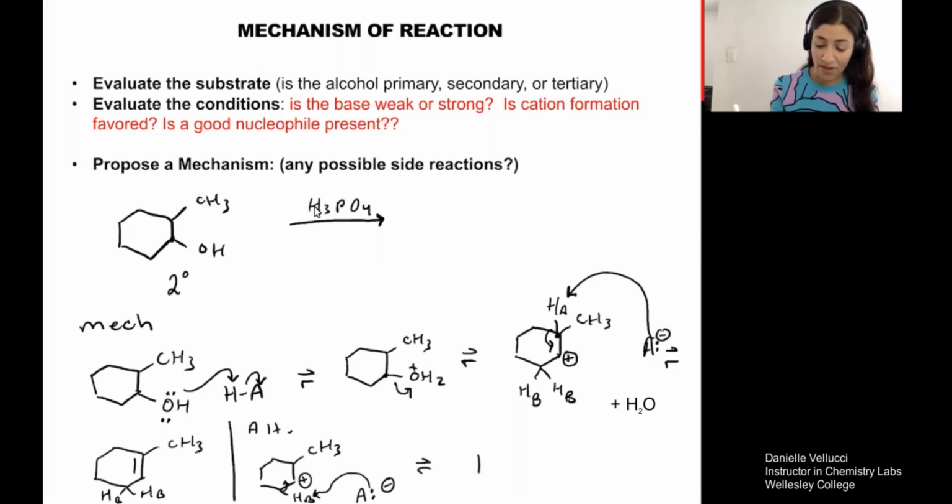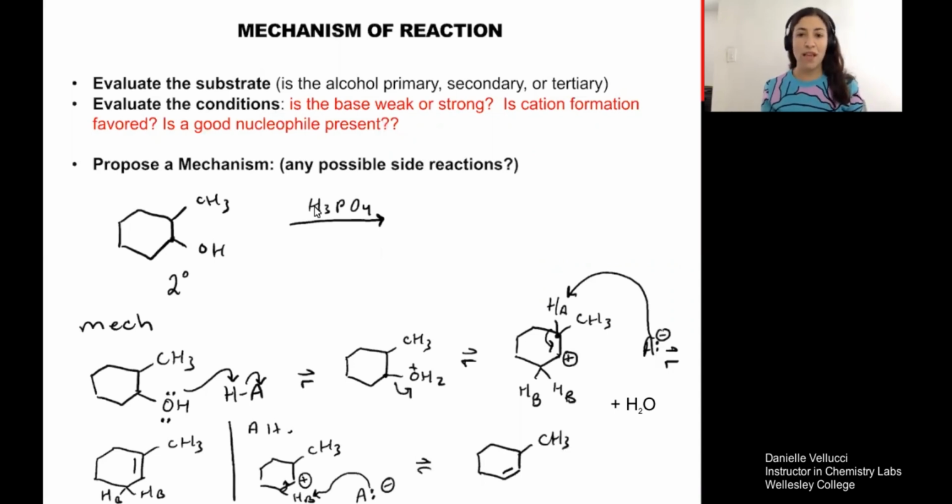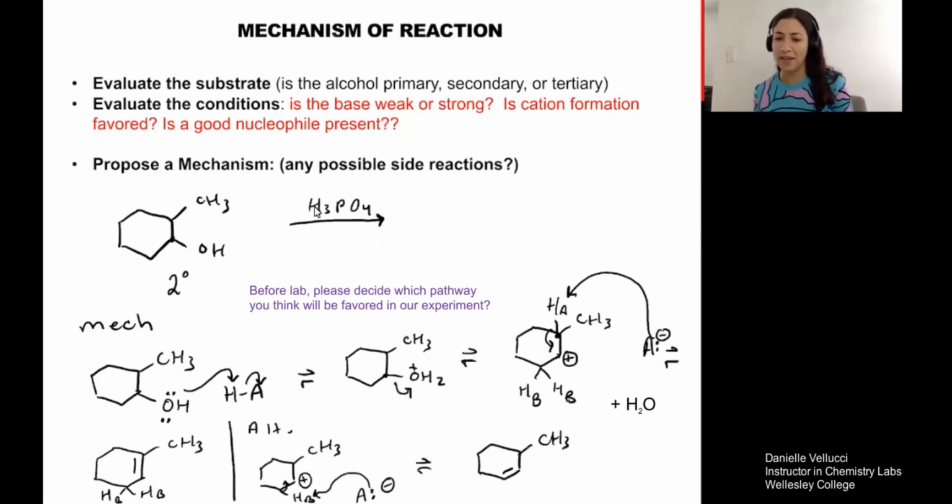And that would give us a different alkene isomer. So thinking about what you've seen in class, I encourage you to analyze these two products and these two pathways and decide whether you expect the deprotonation of A or B to be the dominant mechanistic pathway.